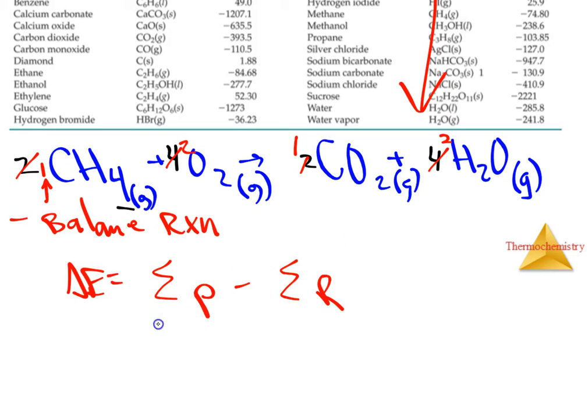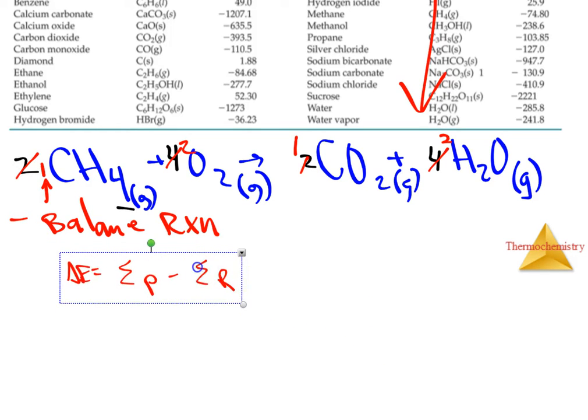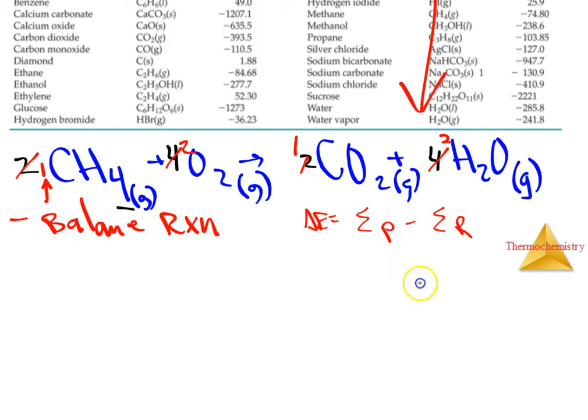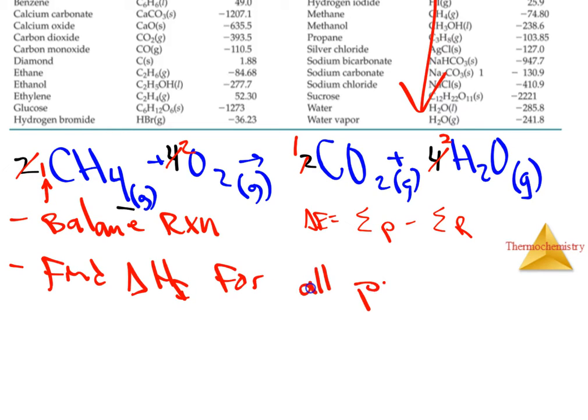The next thing that you should do is find the enthalpies of formation in the table. So I'm going to come up here to the table and I'm going to find these values.